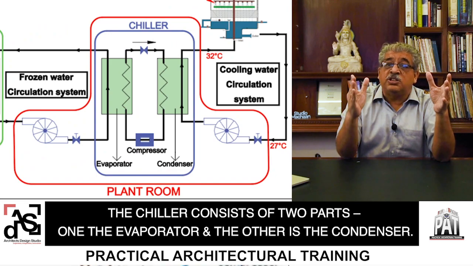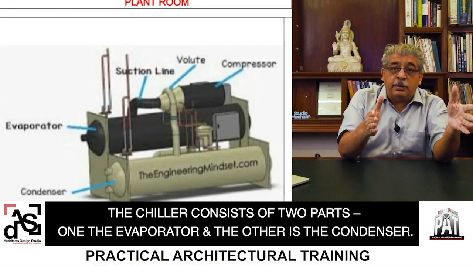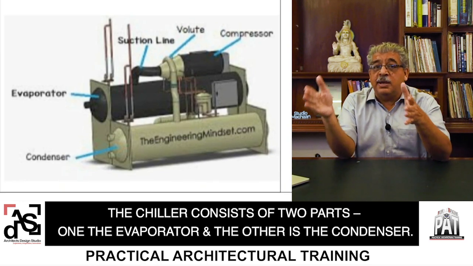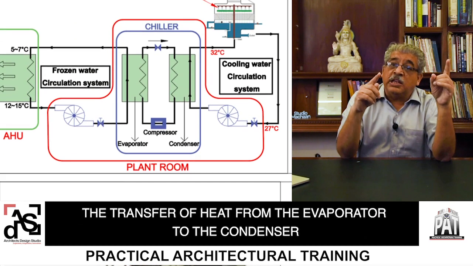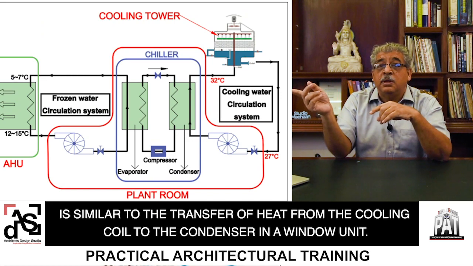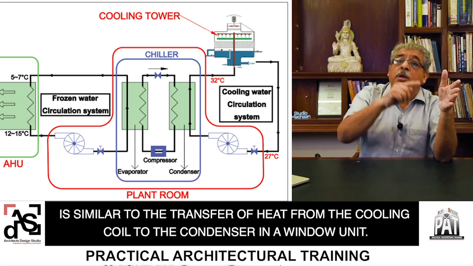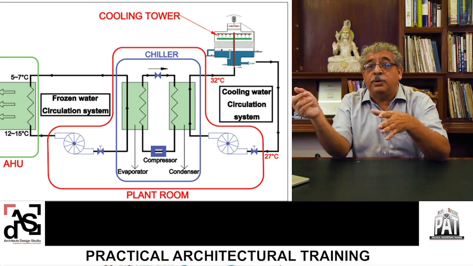The chiller consists of 2 parts. One, the evaporator, and the other is the condenser. The transfer of heat from the evaporator to the condenser is similar to the transfer of heat from the cooling coil to the condenser of a window unit.